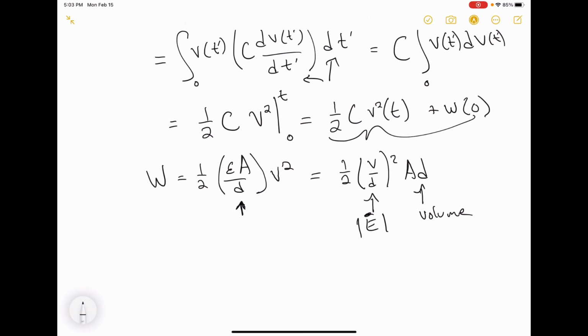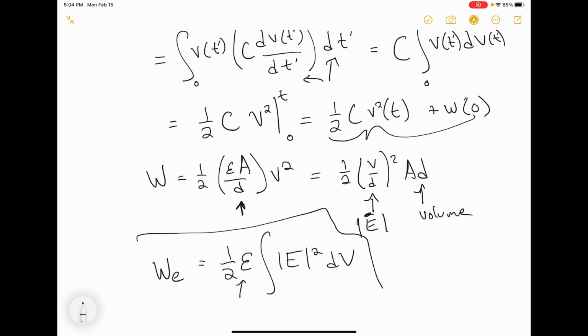So this is just a demonstration and not a proof, but in general, this works out to be true, that the stored electric energy in an electric field is 1/2 epsilon, material property, times the integral of the squared magnitude of the electric field over a volume that the electric field exists in. Electric fields can store energy. Cool.